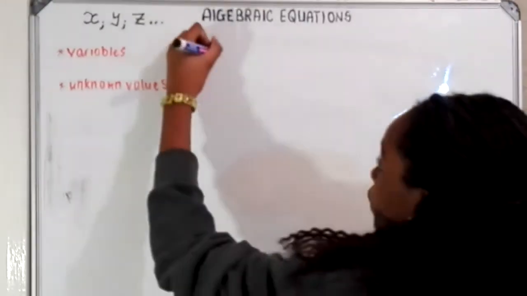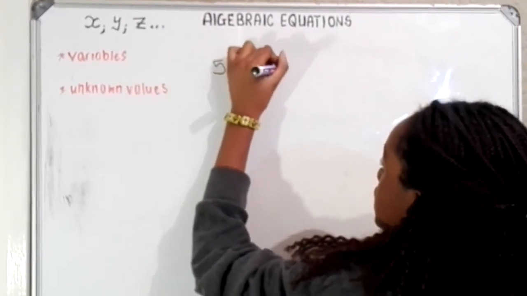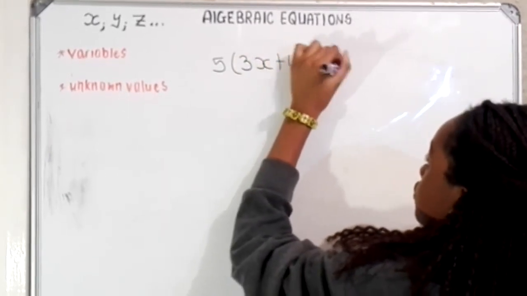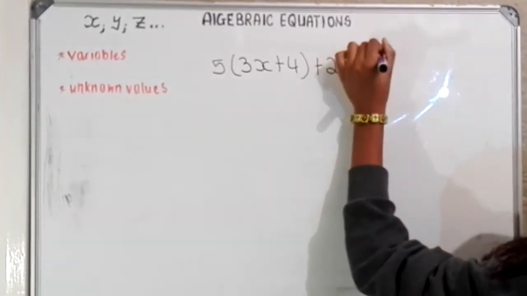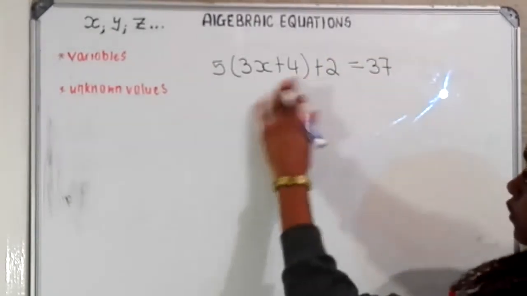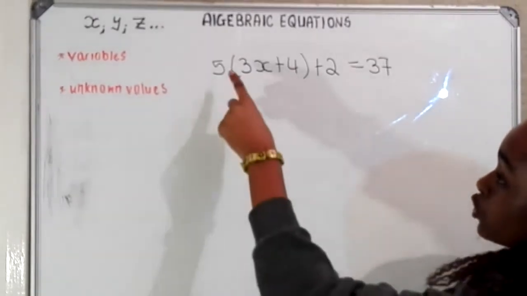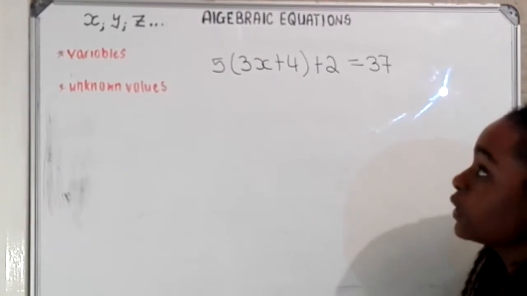So for example, we have this 5 brackets 3x plus 4 brackets plus 2 is equal to 37, okay? Alright, so here we have the parentheses. Again, like the previous one, we'll follow the distributive law, which means we have to distribute 5 into the parentheses.